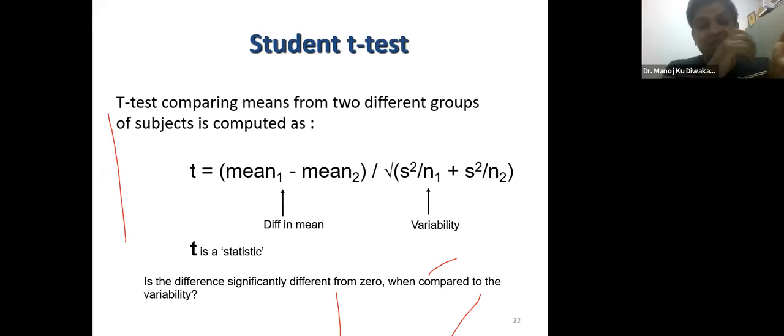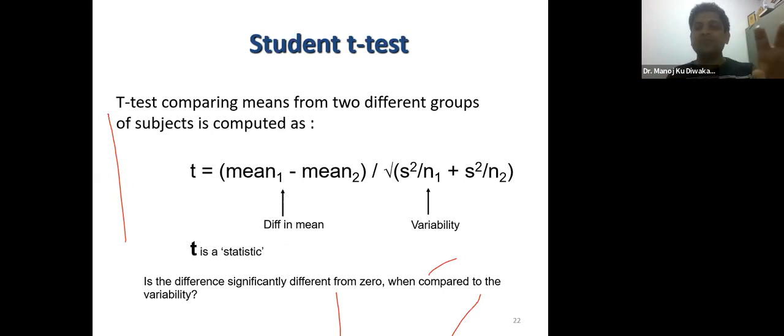This is the formula, which I wrote in a different way. T equals mean 1 minus mean 2, divided by the square root of S square by N1 plus S square by N2. There are two samples, N1 and N2 are the sample sizes, and S square is the variability.